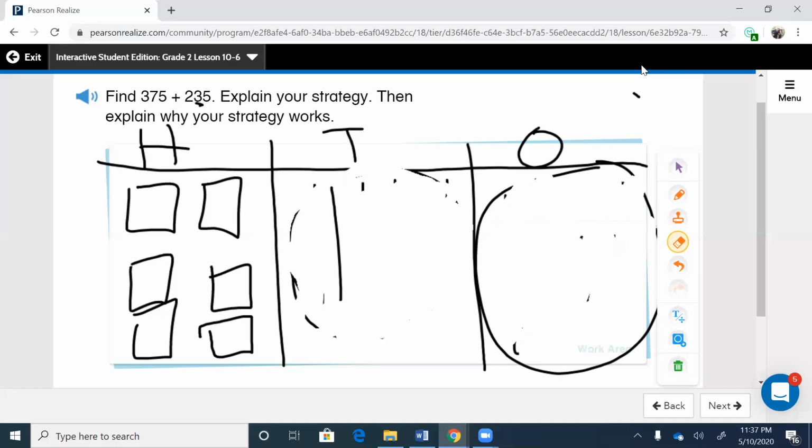Now let's write our number. We have how many hundreds? 1, 2, 3, 4, 5, 6. 6. How many tens? 1. And how many ones? 0. So our answer is 610.